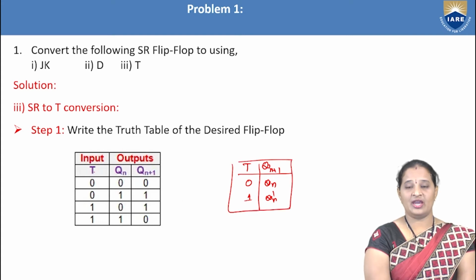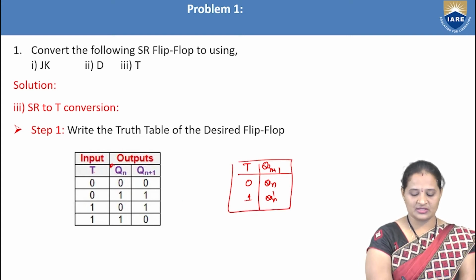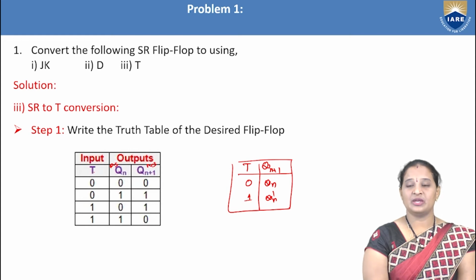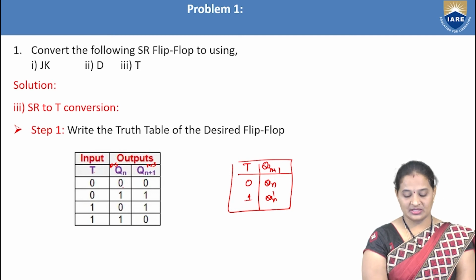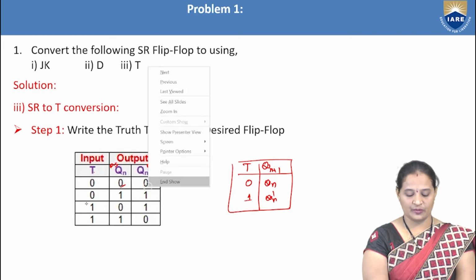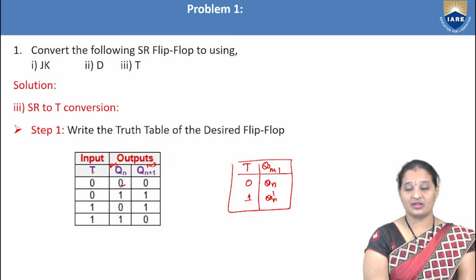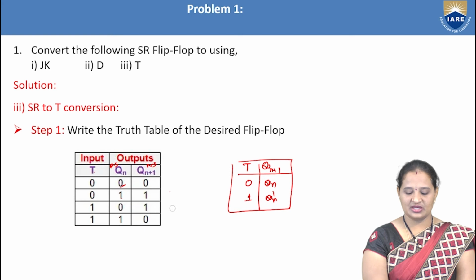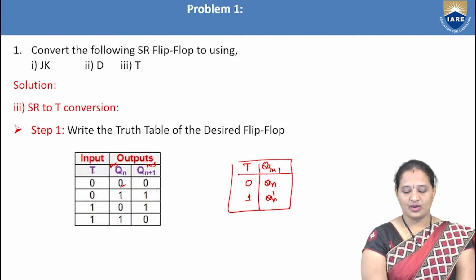So I have taken this as the T input, this as the present state and this as the next state. For 0, 0: as the T input is 0, the next state is equal to the present state. What is the present state value here? 0. So that is why the next state is 0. When the T input is 0 and the present state is 1, the next state is also 1, because when T is equal to 0, the next state is equal to the present state.